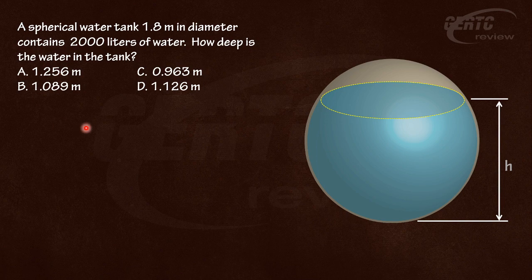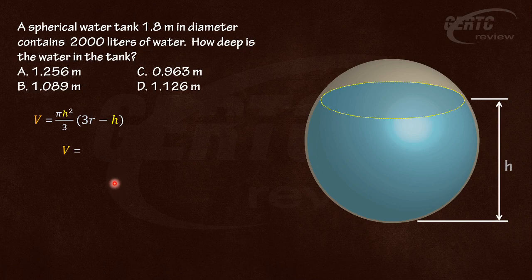So we have here the choices. We can use the formula here. If you know the formula, I will just give it here. The volume of a spherical segment with one base is pi h squared over 3 times 3r minus h, where r is the radius and h is the depth. This is just direct substitution if you know the formula.